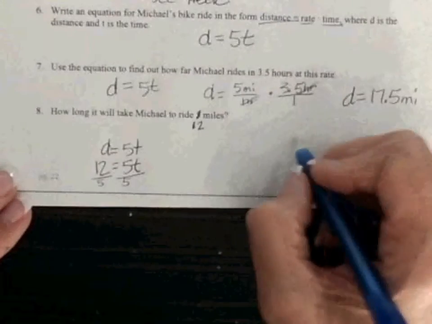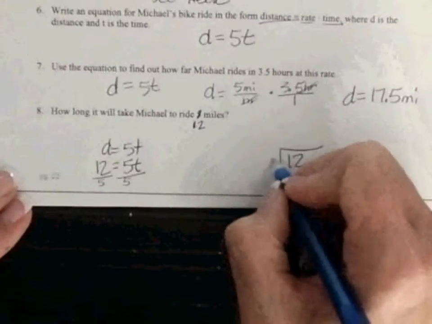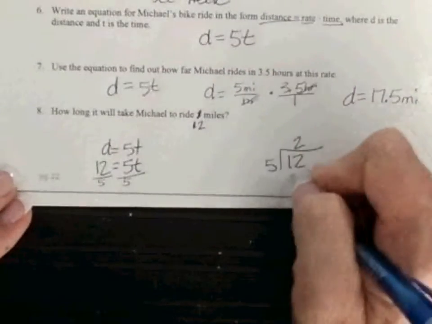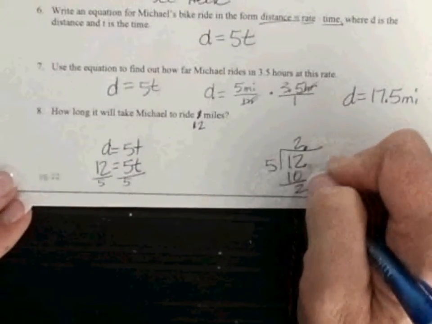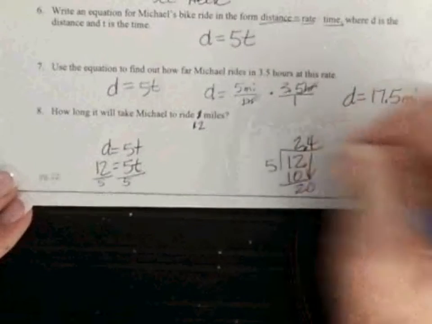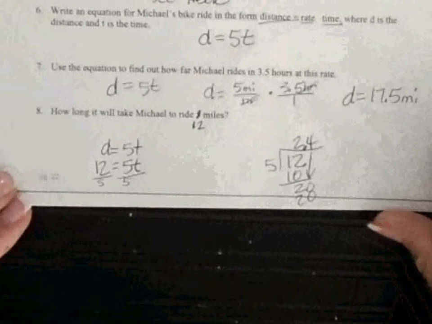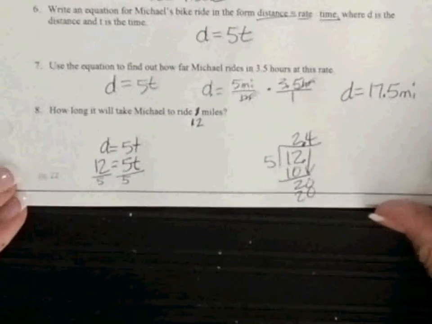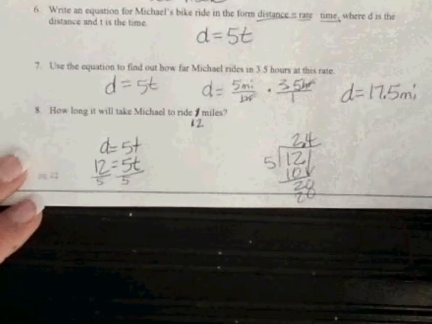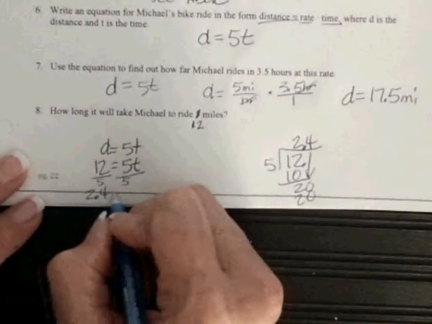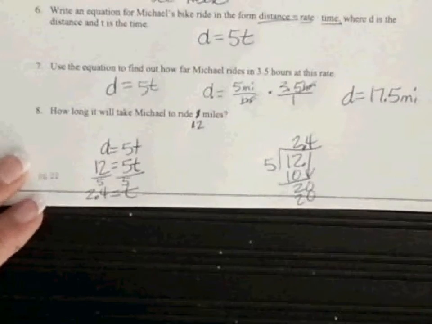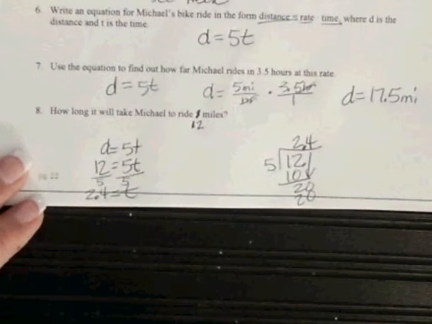We divide both sides by 5. I'm going to come over here and divide 12 by 5. Bring down a 0. So 5 goes into 12 2.4 times. So it takes him 2.4 hours to go 12 miles.